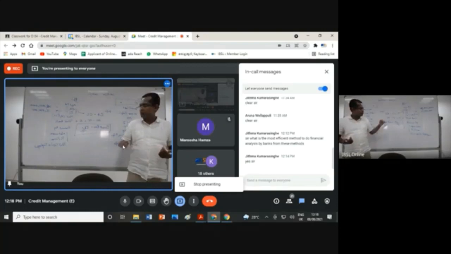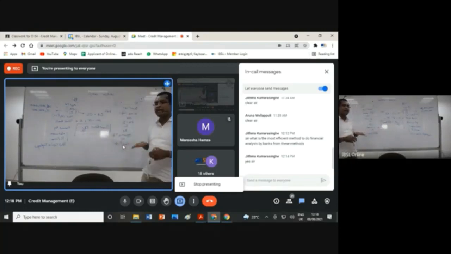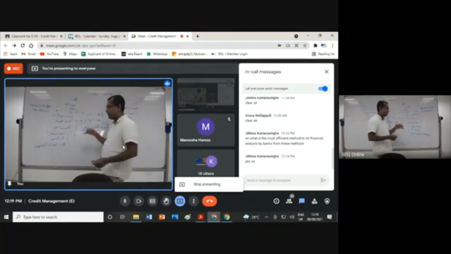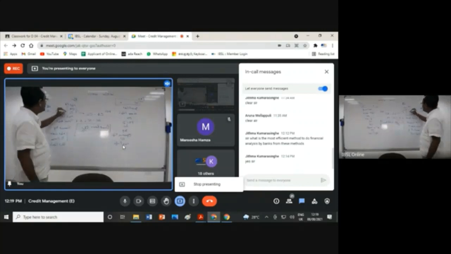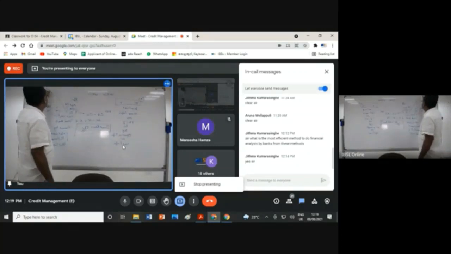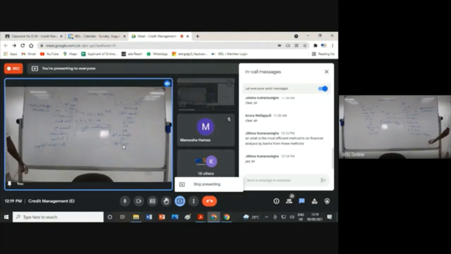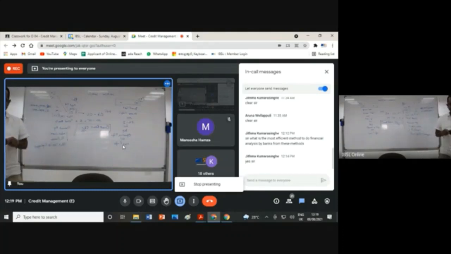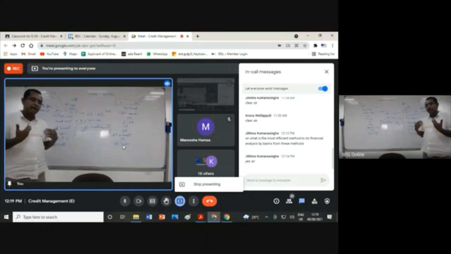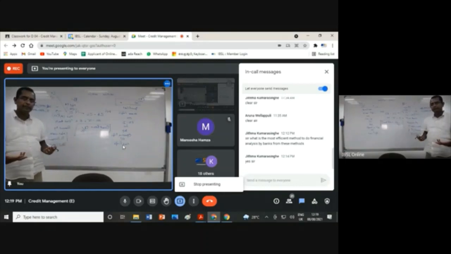So the current ratio indicates the coverage we have for current liabilities. Who requires this? Current liability holders: creditors, short-term lenders. Why? Because they are worried about their money, right?